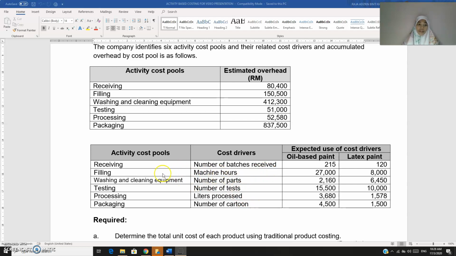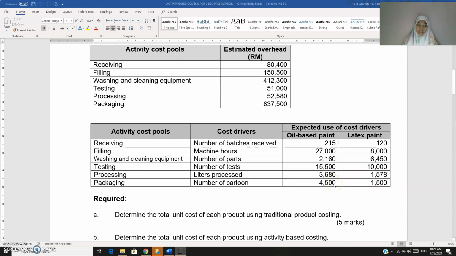For example, for receiving activity, the number of batches received for oil-base paint is 215, while for latex paint is 120. Whereas for filling, the cost driver is machine hours. You have 27,000 machine hours for oil base, and for latex, you have 8,000, and so on.